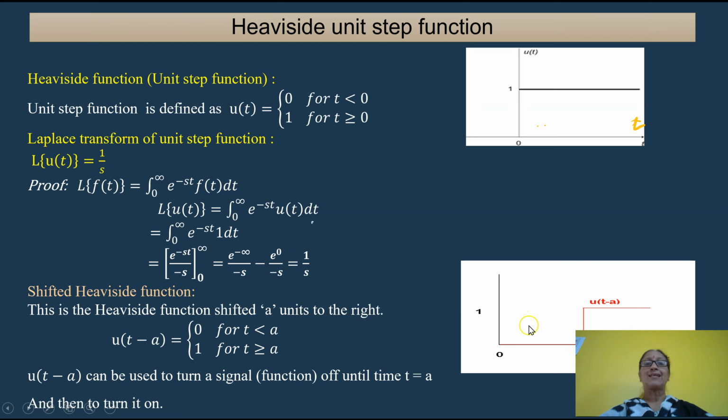If you convert that concept into mathematical form, you find this shifted unit step function. This concept is useful in signals and systems where we want to turn a signal off until time t equal to a, and then to turn it on. So when you deal with such circuits, in mathematical formation, you need this shifted Heaviside function.